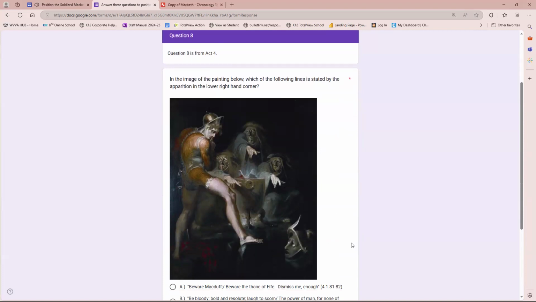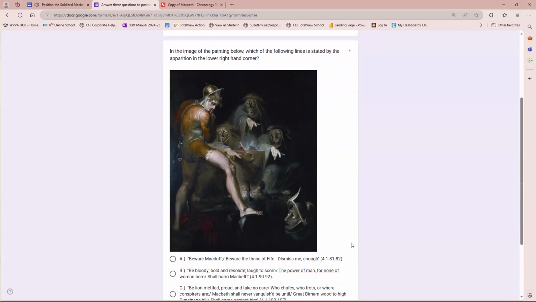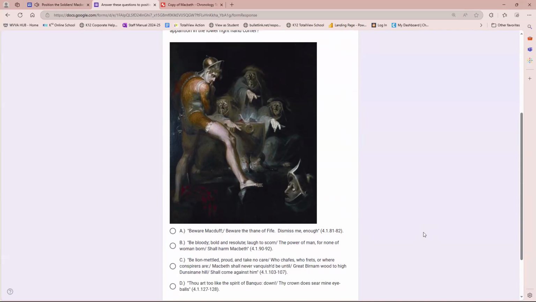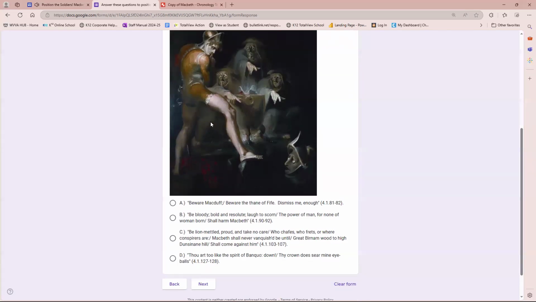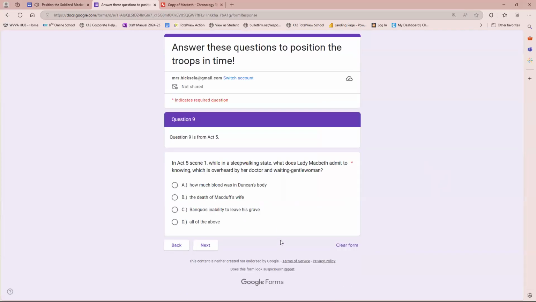In the image of the painting below, which of the following lines is stated by the apparition in the lower right corner? I'm going to guess it's either going to be Macduff or Banquo. And I'm going to try A first. And that was the answer.